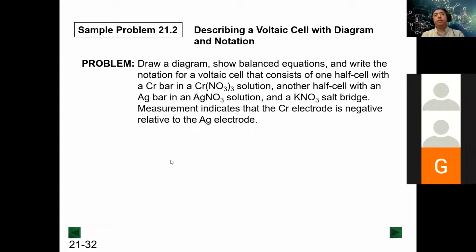Okay, so let's talk about this. If we pay attention to right here, these are connected with their anions. So NO3 is my anion, and you can tell because this is usually -1. So chromium here has a 3+ charge, as you can see from the 3 right here. Silver here has a +1 charge.